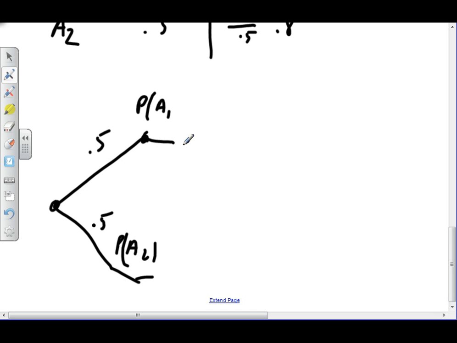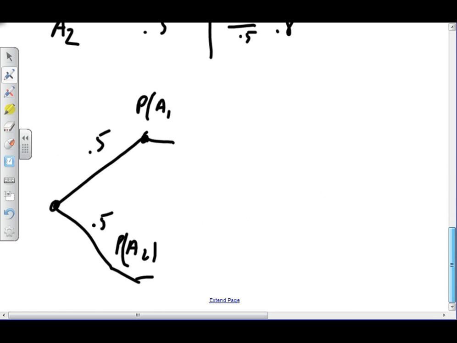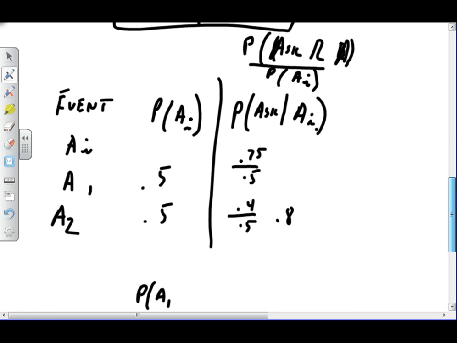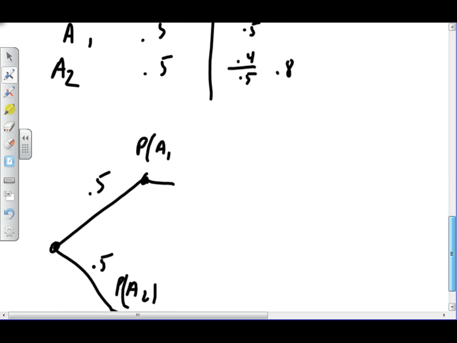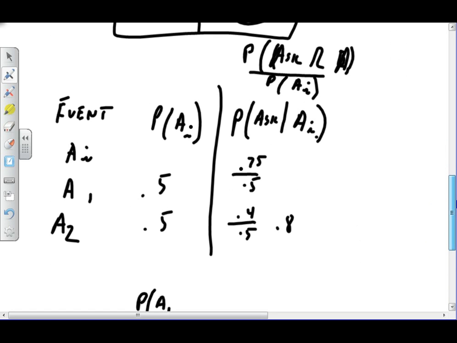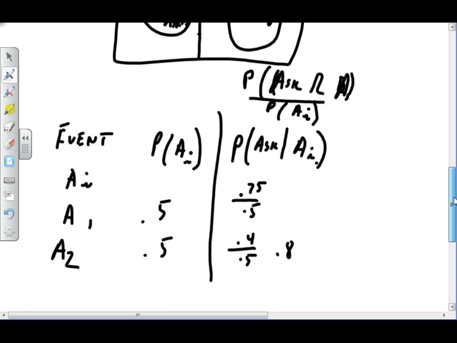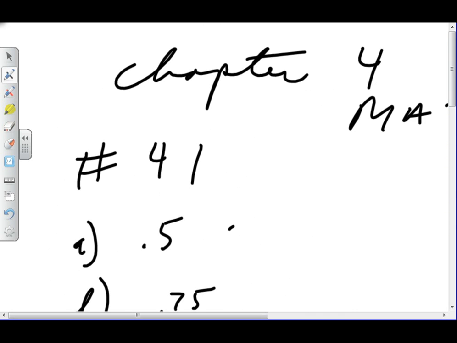No, I don't see it. Anybody want to help me? That kind of made sense if you multiply the 0.5 by the 0.75. You have a 30% chance. Yeah. Well, we have 0.5 times 0.75, that's 0.375.